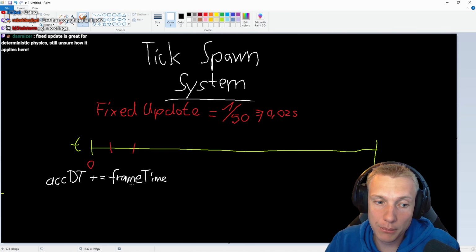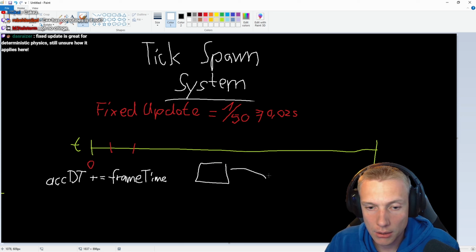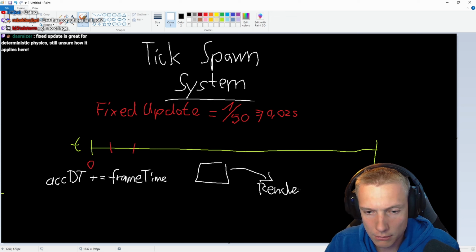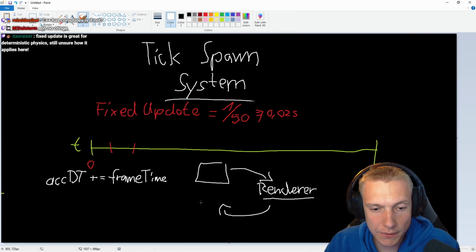And this frame time is something that takes stuff to draw, gives it to the renderer, and then the renderer just draws that stuff to the screen, to the window.